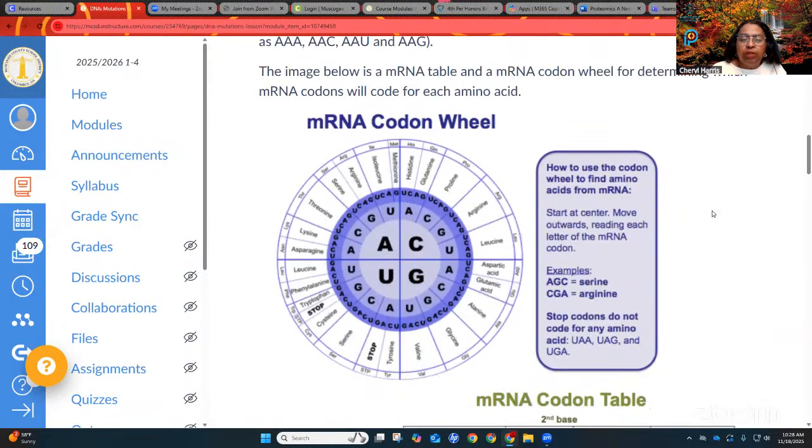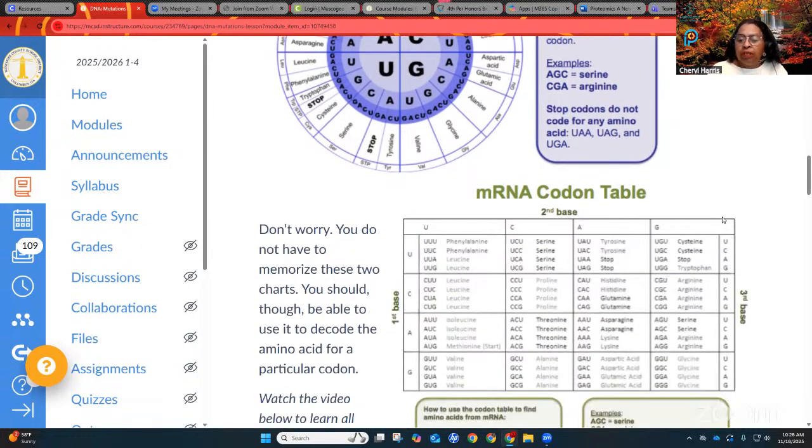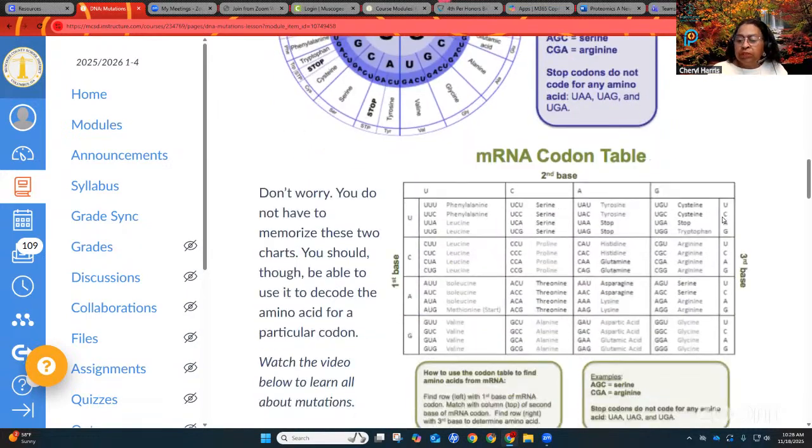There's one that on your chart looks like LL. It's not LL, it's IL, and it's isoleucine. So make sure that when you see that, you're not writing LL. It's IL. Okay, alrighty. And again, all of the names of all of the amino acids.